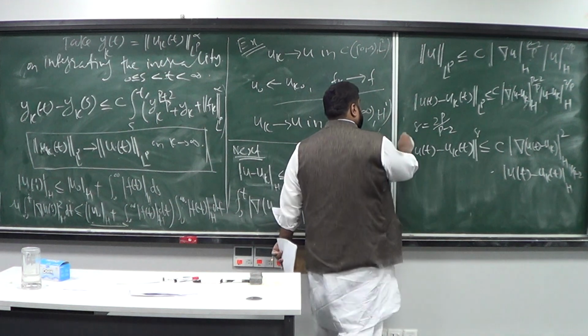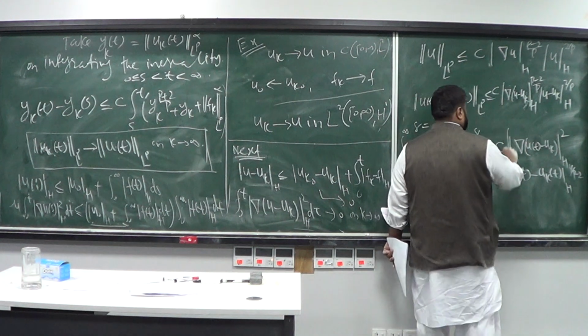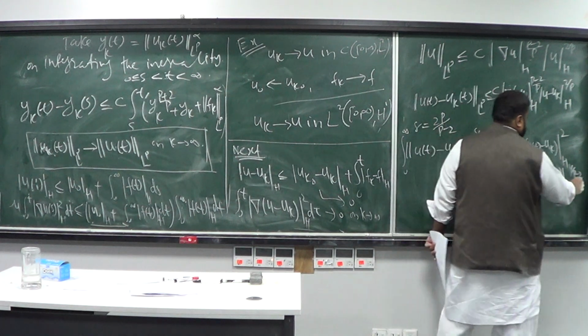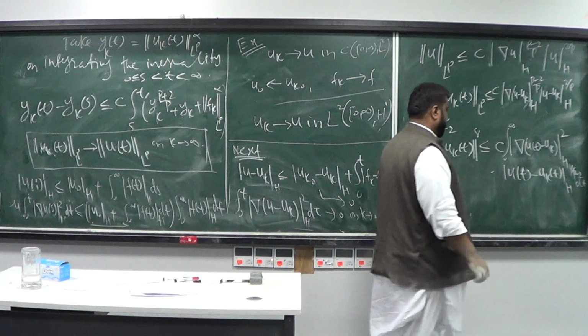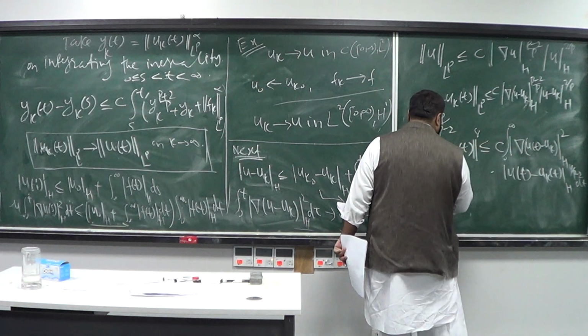And now integrate both sides from 0 to infinity dt. I can take the supremum and pull it out.